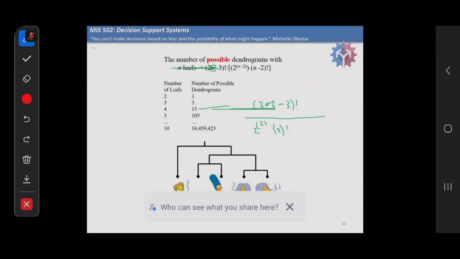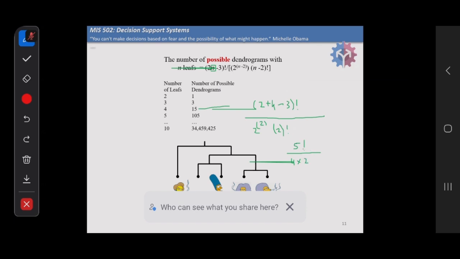So 2 into 4 is 8. 8 minus 3 is 5. 5 factorial. 2 to the power 2 is 4. And 2 factorial is 2 into 1, it's 2, right?